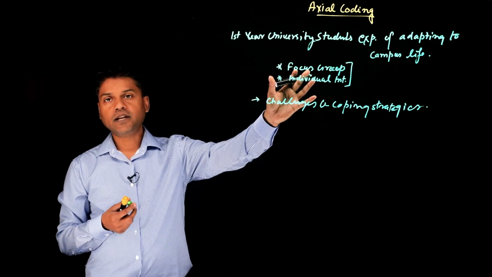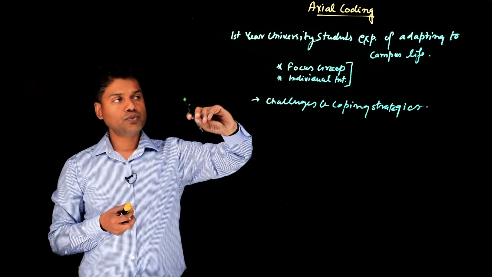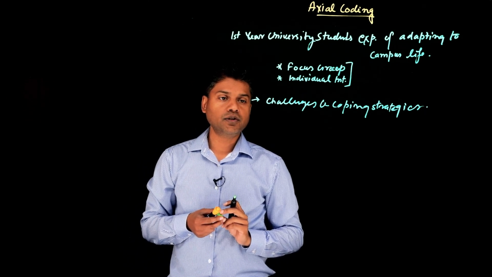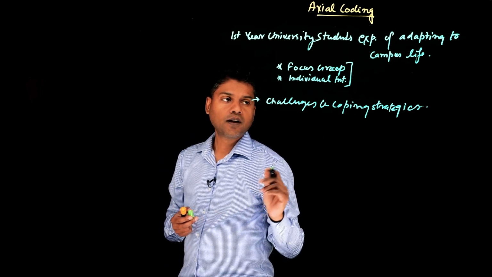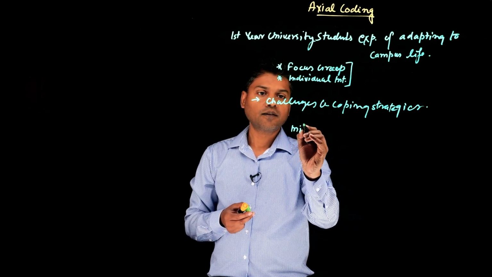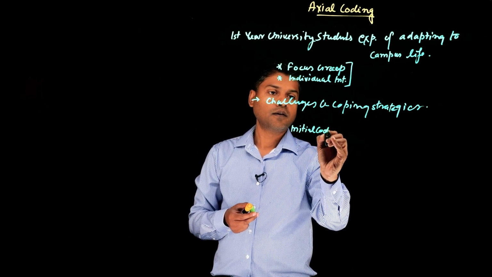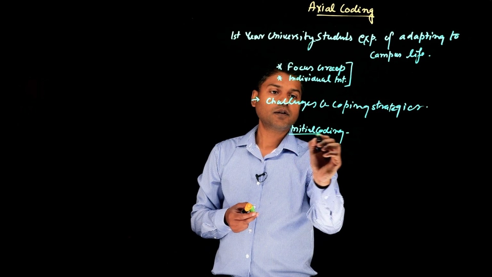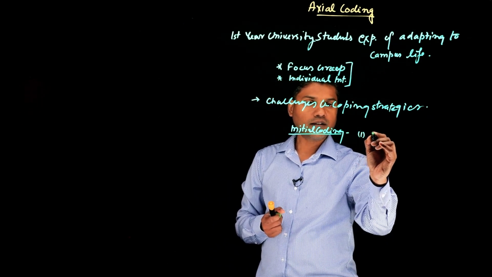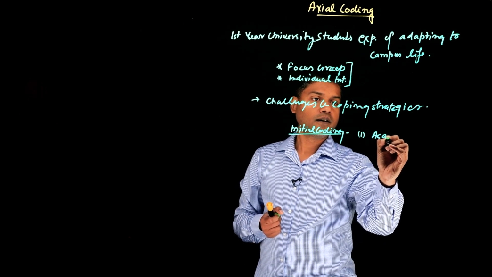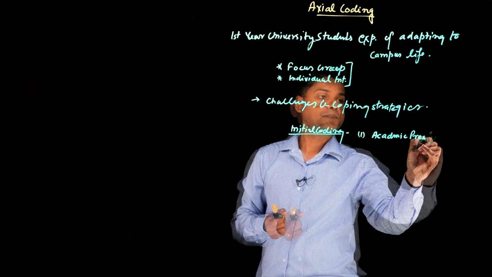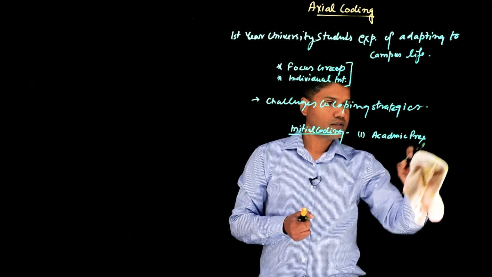After collecting the data, I transcribed those interviews, and then I did my first initial coding. During that initial coding, I came up with certain codes and categories. The first code, let's say, is academic pressures. Sometimes I make a mistake in the spellings.